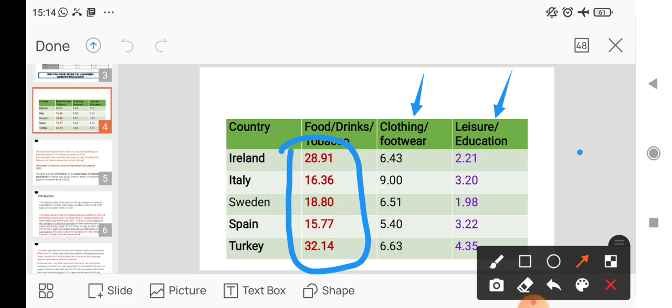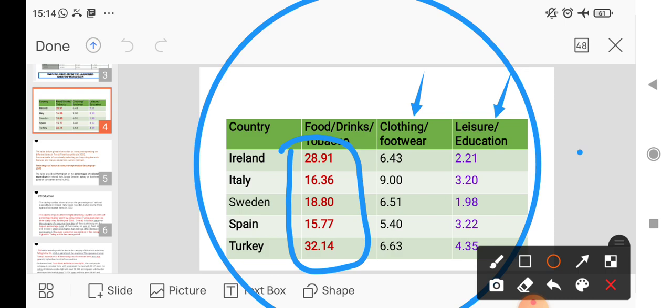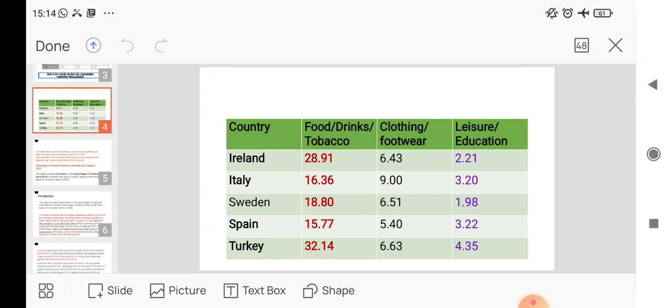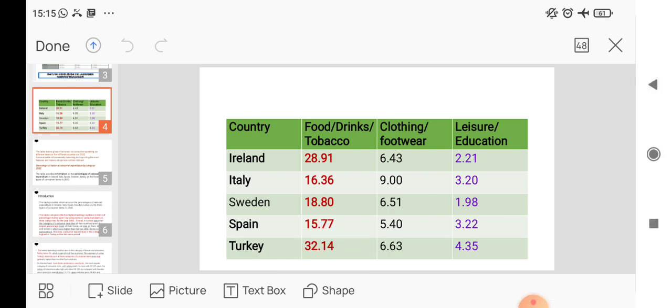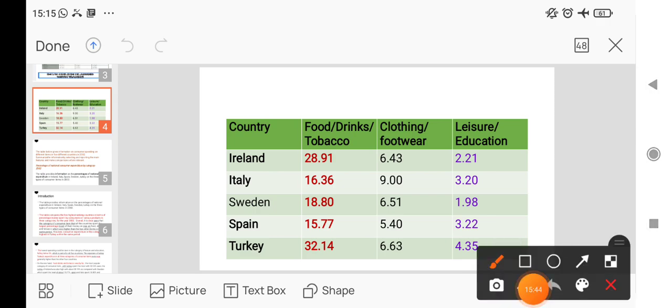Now, the second sentence tells us that overall, the most amount was spent on food, drinks, and tobacco. But you see that Turkey spent the highest on food, drinks, and tobacco.